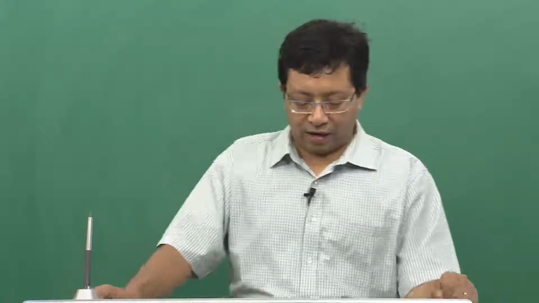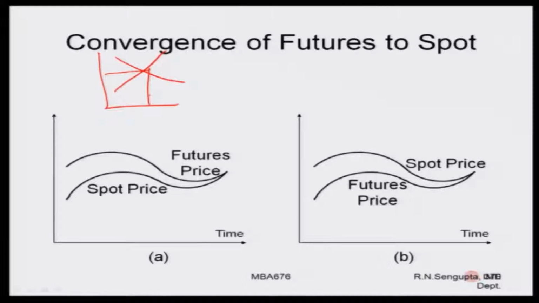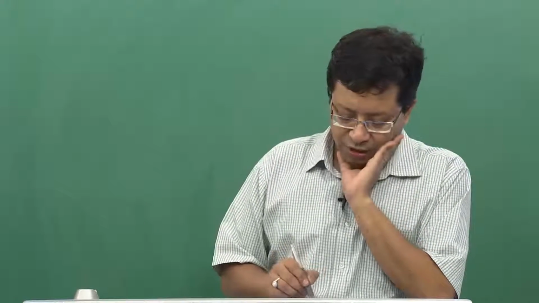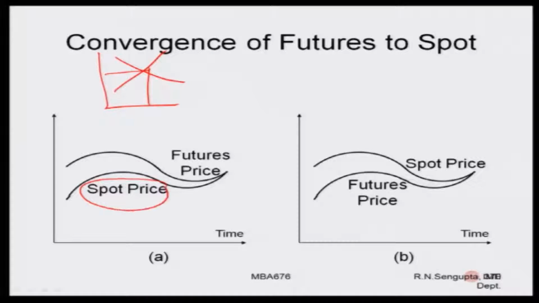Now, once I draw on the time scale, you draw time on the x axis, and on the y axis you denote the unit of money, whether yen, dollars, rupees, dirhams, Canadian dollars or UK pounds, that does not matter. So, if you see, this spot is the price in room 1, futures is the price in room 2.